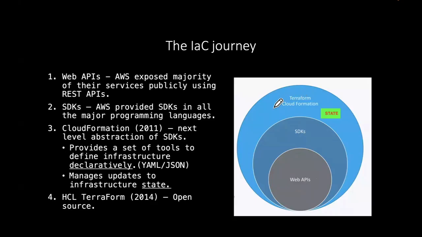And the key point about these resource provisioning engines, CloudFormation, for example, is that they manage the state of your infrastructure. They understand state and they know how to update state and they know how to roll back the state of your infrastructure. So state management was one of the key advantages that these resource provisioning engines provided us with.